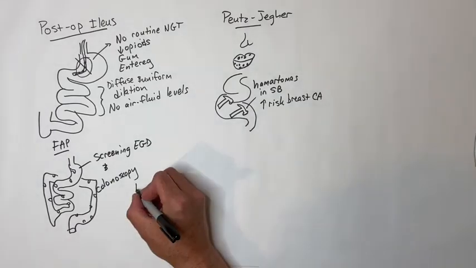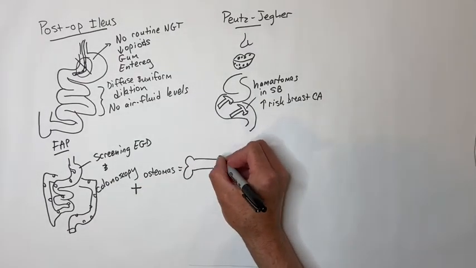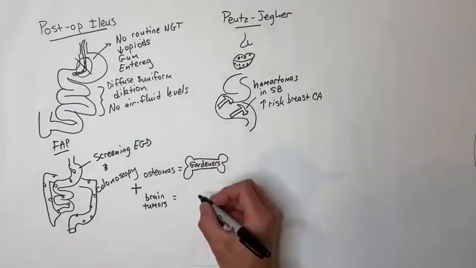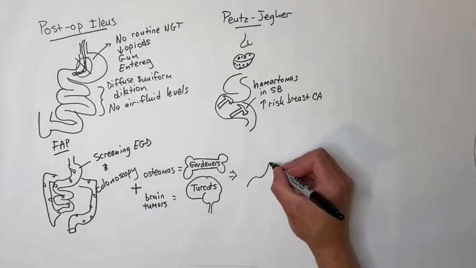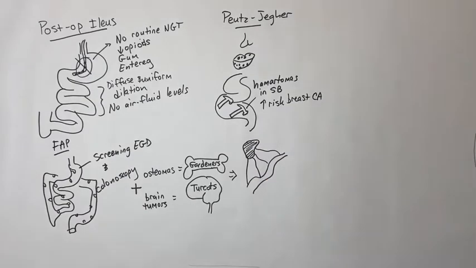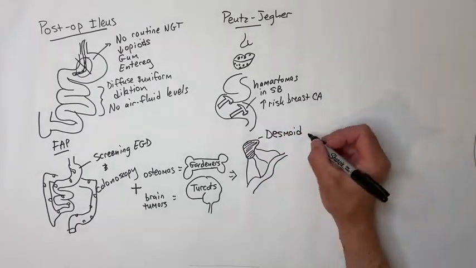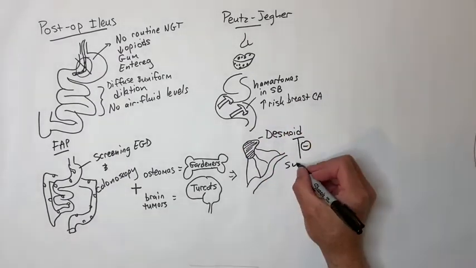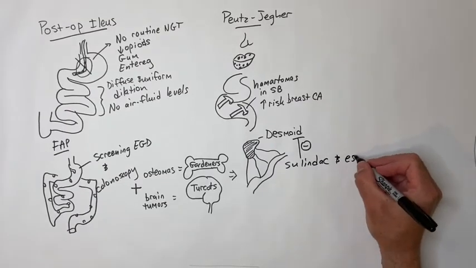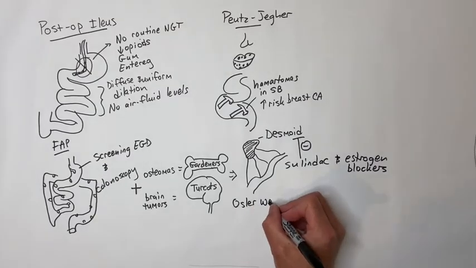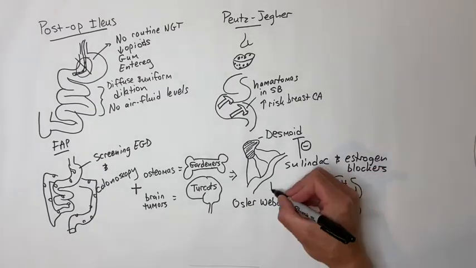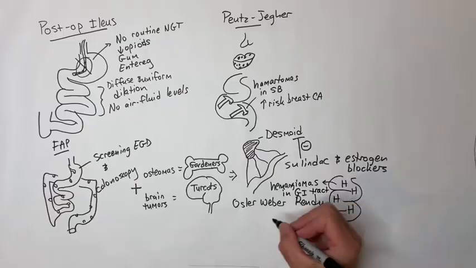FAP with bone osteomas is known as Gardner's syndrome, and FAP with brain tumors is known as Turcot syndrome.